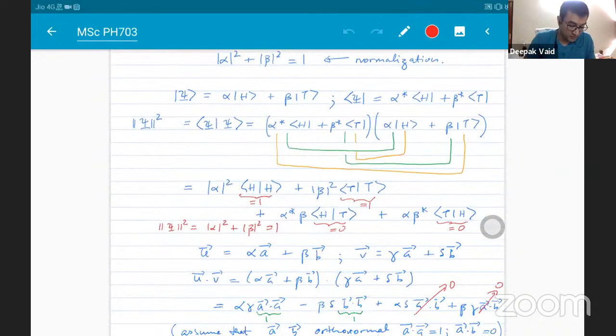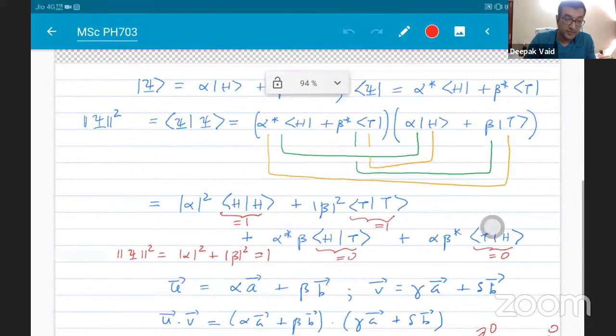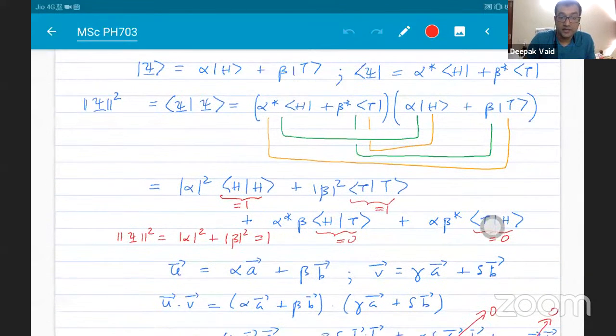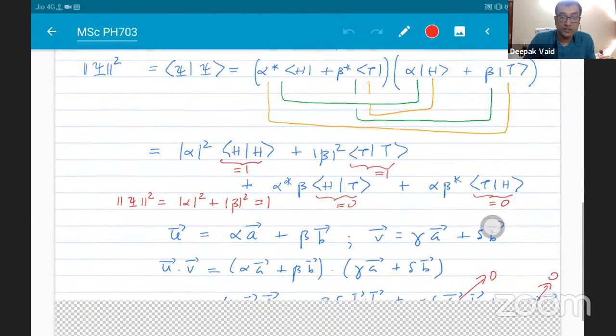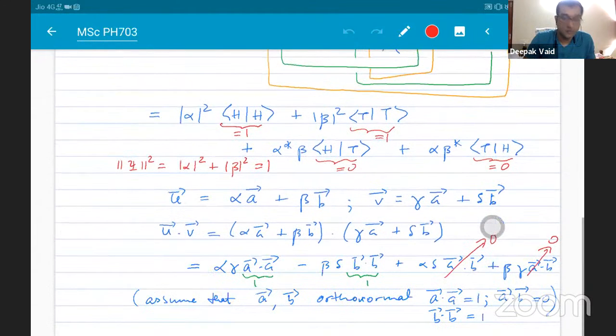Then I talked about how to take an inner product. If this seems strange to you, this inner product between Bras and Kets, you can just work with ordinary real vectors with which you are comfortable. I gave you an example of 2 vectors, and the inner product works out in exactly the same way.